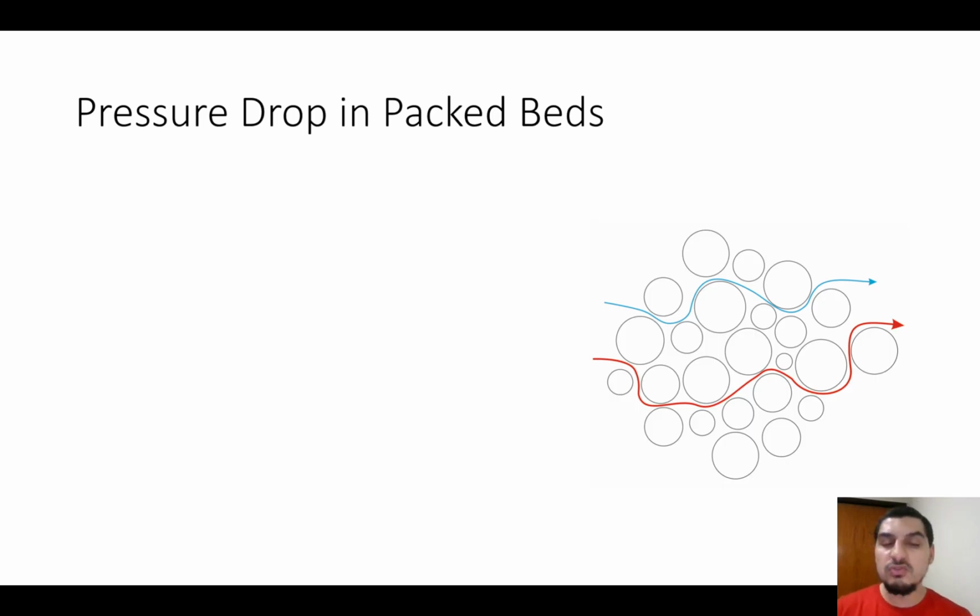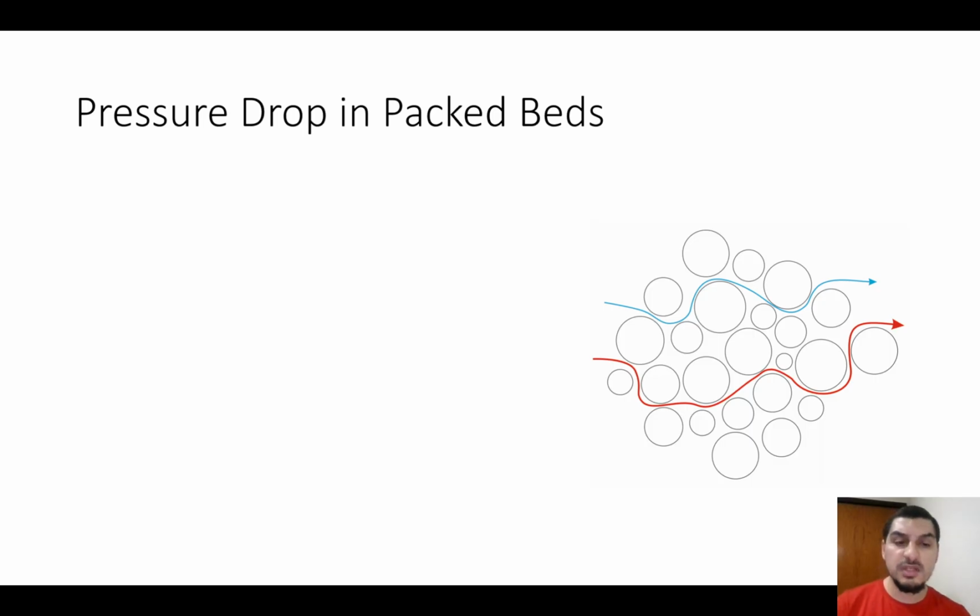So the pressure drop is going to be very high, and it's very important to know how to measure or calculate this pressure drop, because it has a very big impact on how you're going to operate the column or the bed. It will affect the compression power or the pumping power that you need to give to the fluid, and this is translated into money.